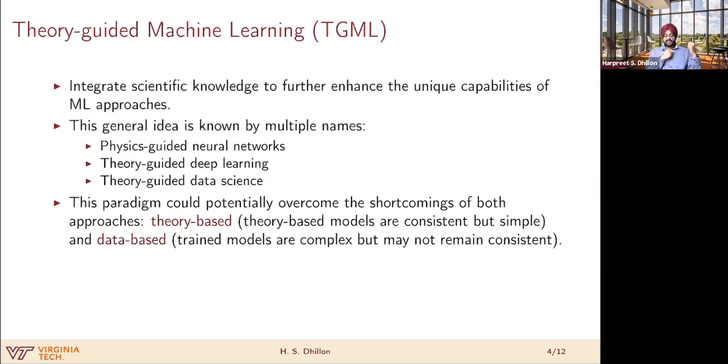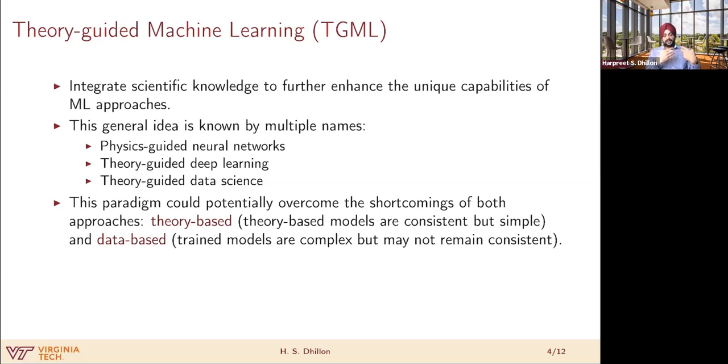When you develop a theory-based model, the models are consistent. You might be selecting very limited features or inputs to that model, but because those models are created to describe the physical laws, they are consistent by design, but they are simple because we might be ignoring many other effects. On the other hand, you have the data-based approach, where trained models are very complex by design, because we are trying to capture all the complexity.